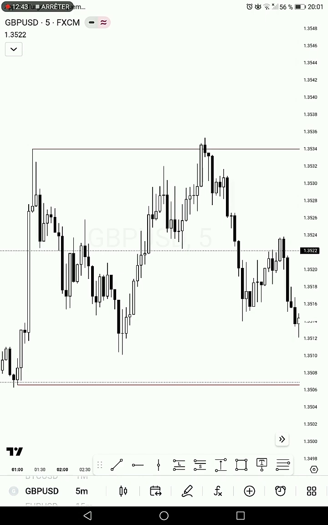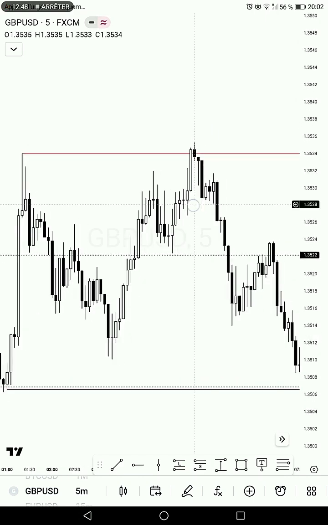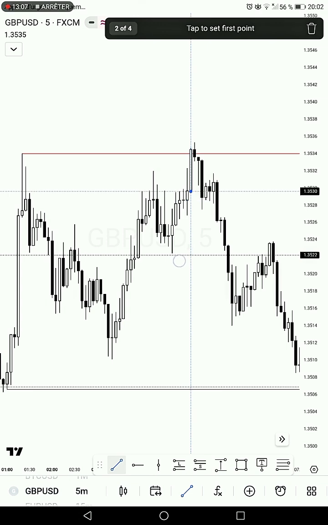But in this case, experienced traders can take a first entry from here, this zone right here. Experienced traders can take it at the key time because it happened at the key time, and advanced traders can consider this zone right here as our order block.